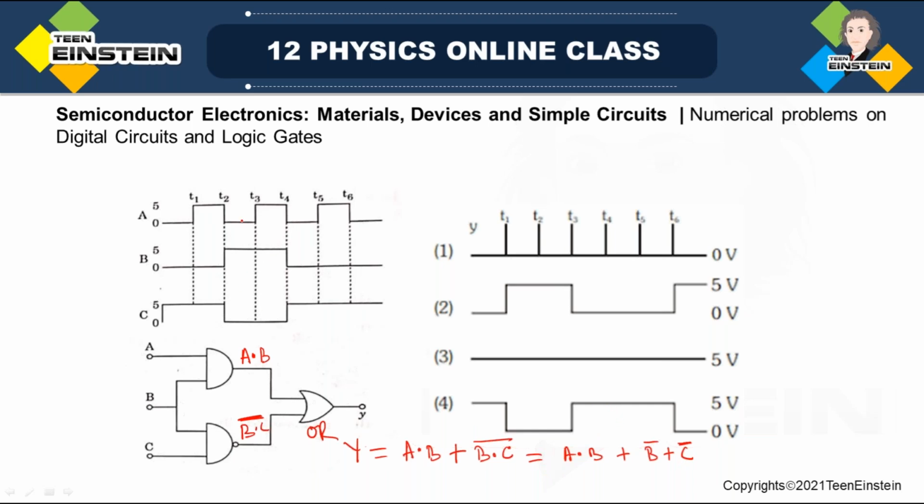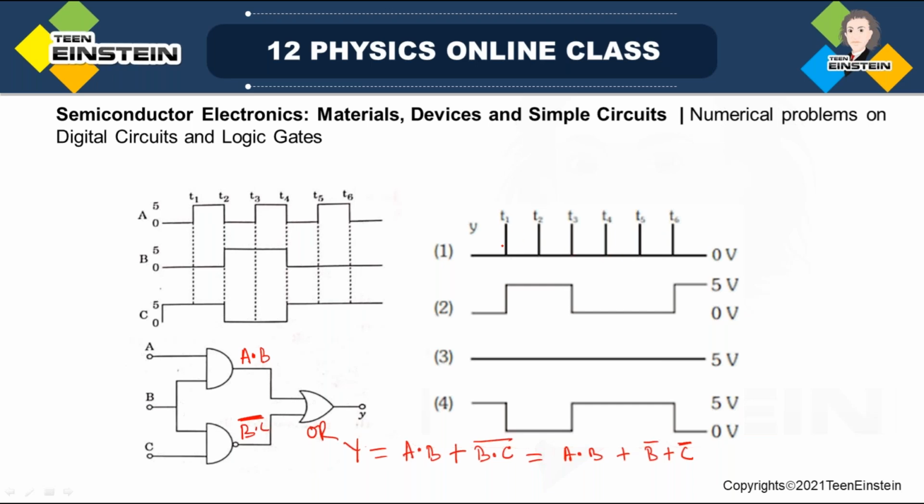This is a kind of waveform because it is varying with time. The magnitude of the inputs are varying with time, so the output will be doing the same, or maybe it can be a constant also. There are four options over here.